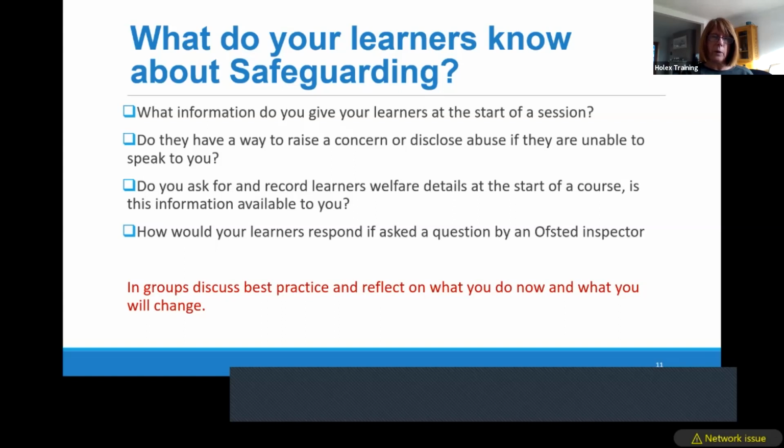We give all our learners a welfare form, or access to it, at the start of every course. They have an option as to whether they complete it. If they consider themselves vulnerable, have a health issue, or suffer from mental health problems, then they can complete this information and submit it, and it comes directly to the designated safeguarding team, who are able to upload this form onto our MIS system, so that this shows on the tutor's online register.